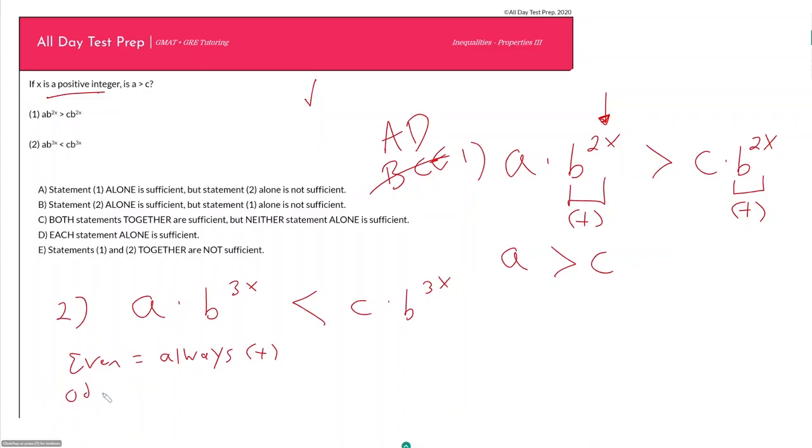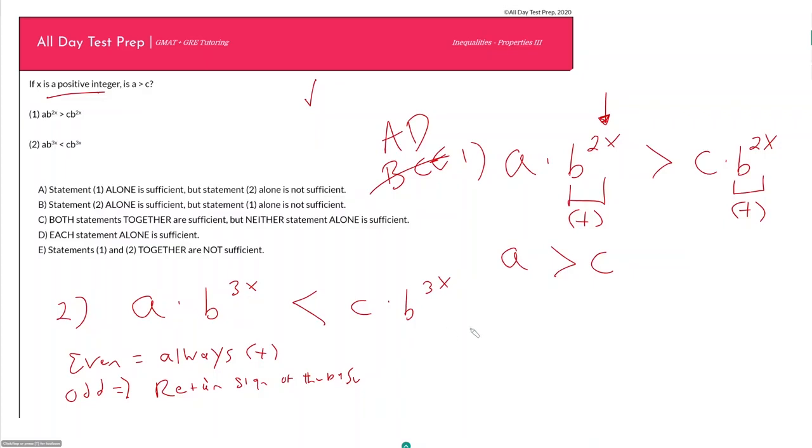Odd powers retain the sign of the base. So because 3x can be even or odd, and the base b can be positive or negative, that means b raised to the 3x can be positive or negative, and we cannot divide by it.